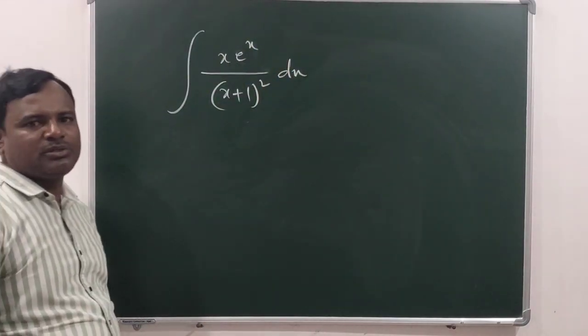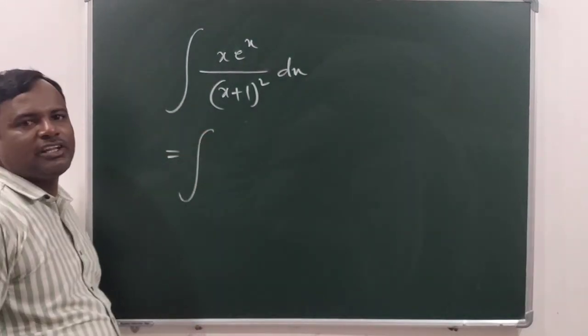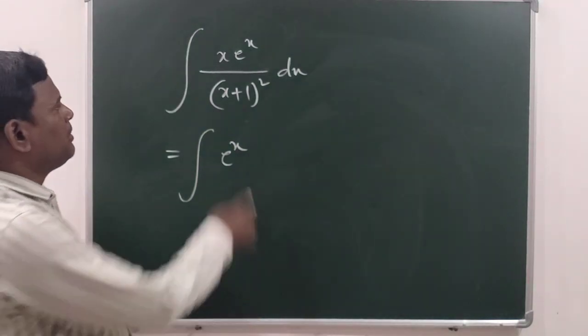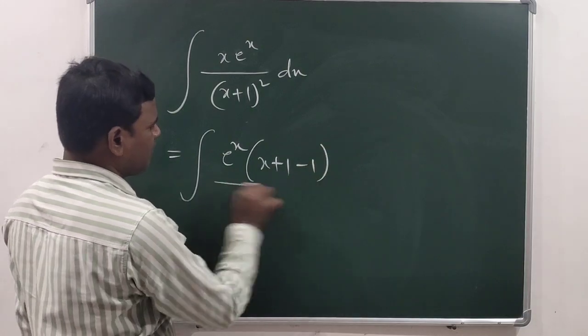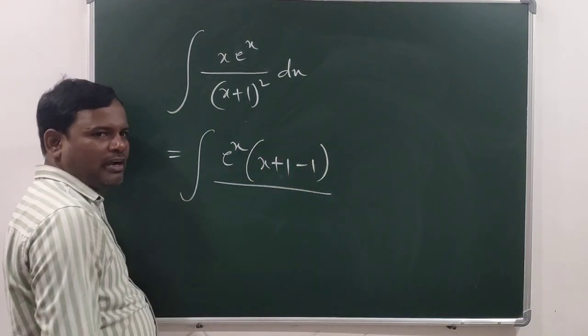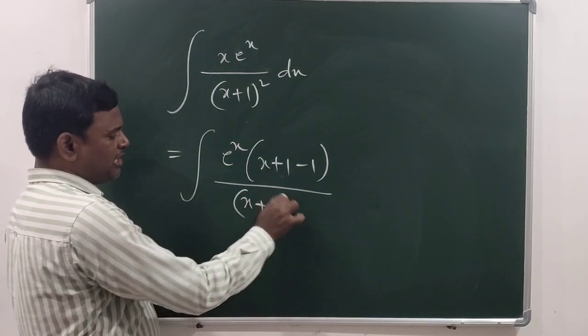Now how do we answer this question? See students, here I am making some adjustments in the numerator. This e power x I would like to write as it is, but in the place of x I would like to write x plus 1 minus 1. Can we write? Yes. Just here I have added plus 1 and subtracted. Why, you will come to know in the next step.